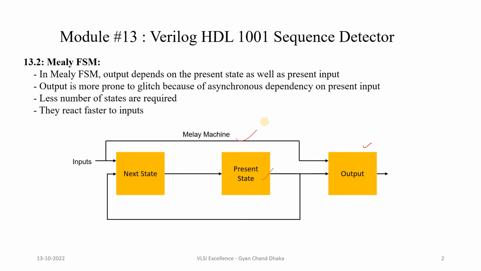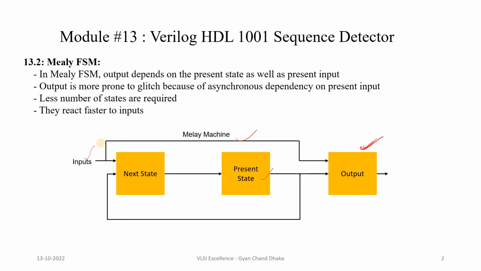Since the output is directly depending on the asynchronous inputs, the output logic is going to be more prone to glitch, and the number of states required to implement a Mealy type of FSM is less compared to a Moore type of FSM.